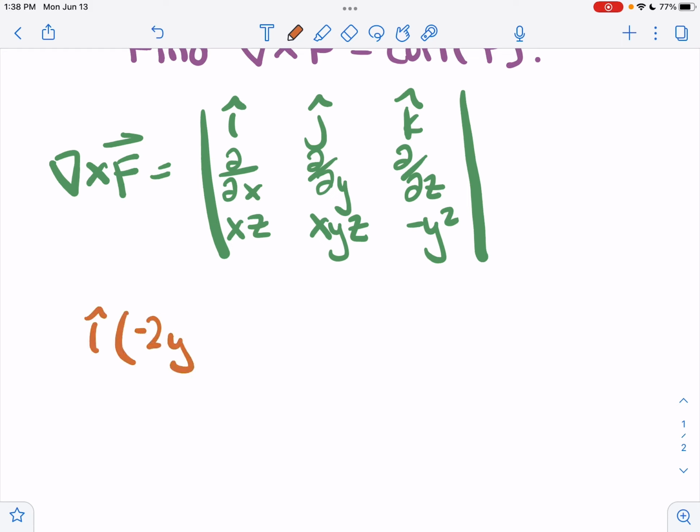The other piece I'll get with a y is if I go kind of that way. And I have three terms every time, and that's how you remember how to piece things together here. But here I'm saying, okay, the z derivative of xyz, and when I'm going to the left I take the negative of the term. So it's negative xy.